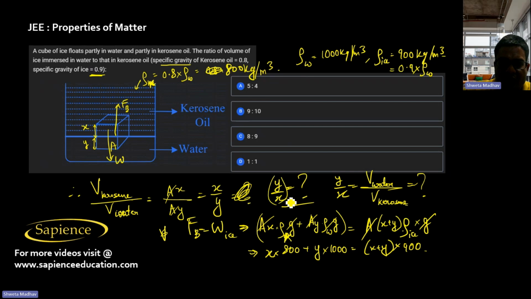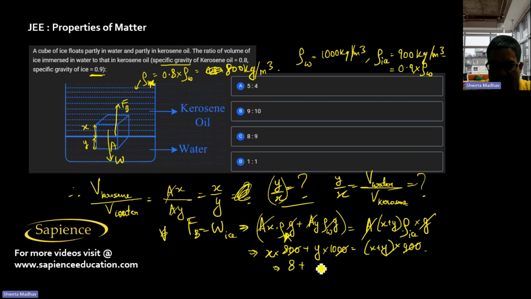Now we have to find out y by x. So we can divide both sides by x, or with 100x we can divide both sides.